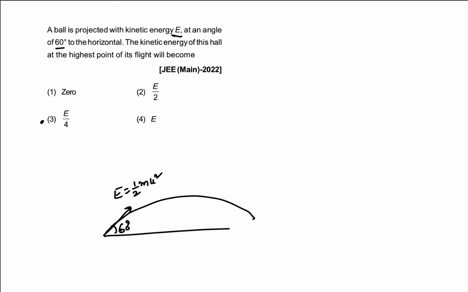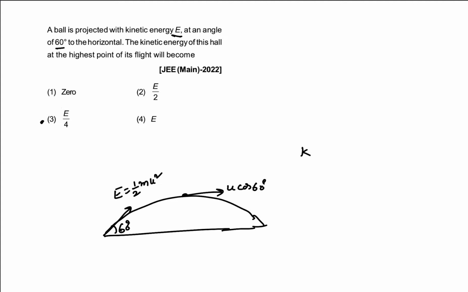Next one, a ball is projected with kinetic energy E at an angle of 60 degrees with the horizontal. The kinetic energy of the ball at the highest point of its flight becomes? So I am projecting a particle with kinetic energy E, that can be written as half into m into u square, making an angle 60 degrees with the x-axis. Now whenever it reaches the maximum height, it will have only the horizontal component of velocity, that is u cos 60 degrees.